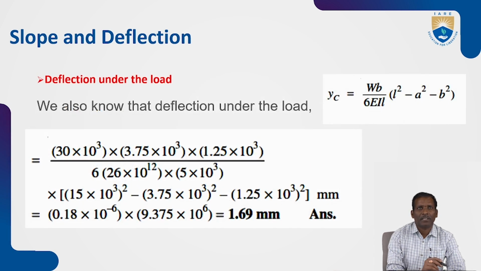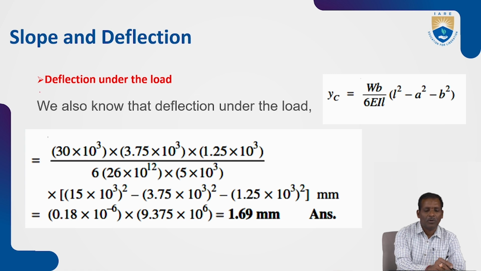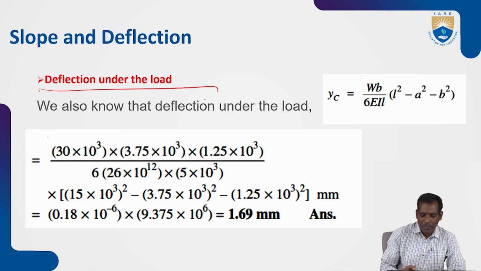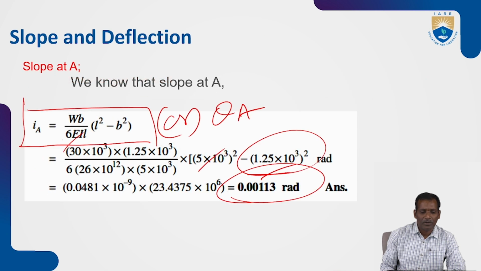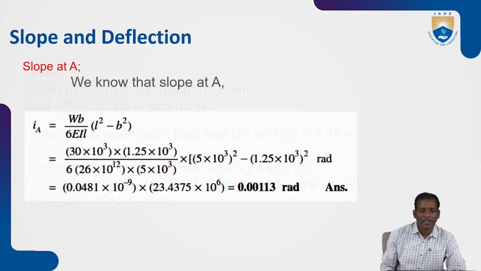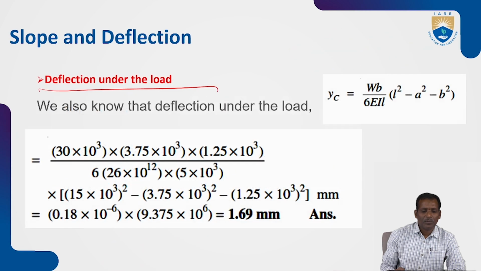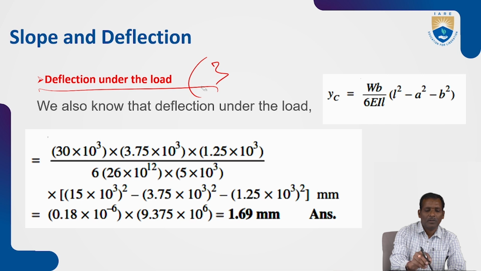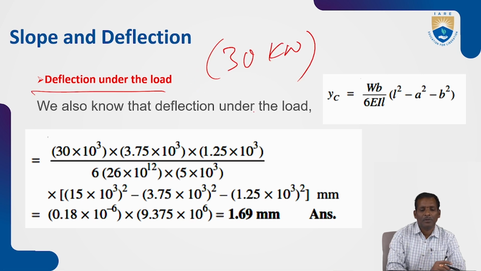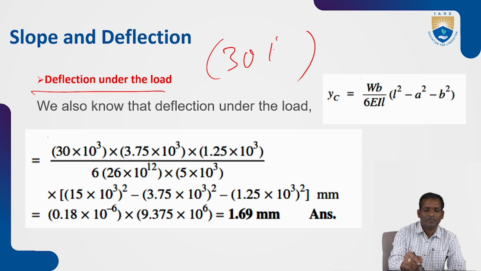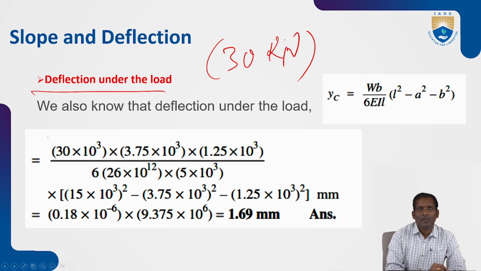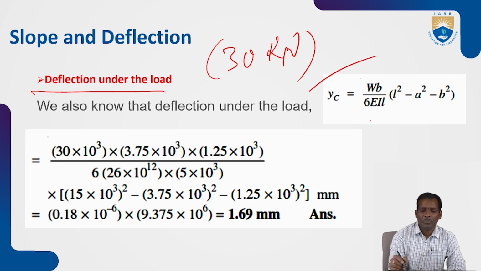Now find out the deflection under the load. The point load is given as 30 kilonewtons. So what is the deflection under the load? Deflection under the load is WB by 6EI into L into L square minus A square minus B square.